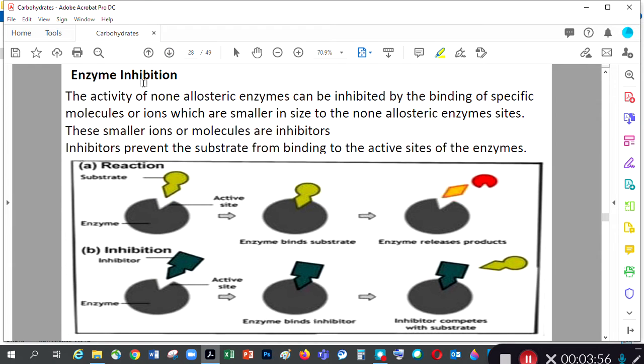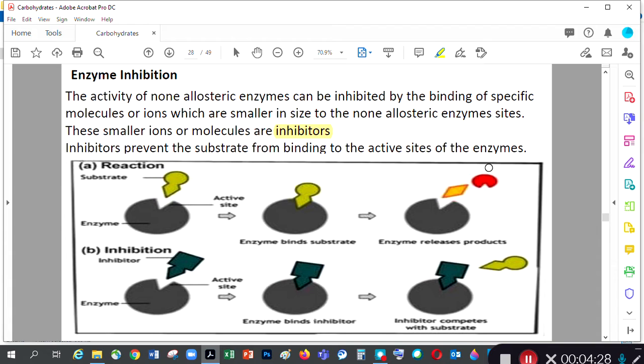Let's look at further examples. Enzyme inhibition. The activity of non-allosteric enzymes can be inhibited by binding of specific molecules or ions, which are smaller in size, to the non-allosteric enzyme sites. These smaller ions or molecules are inhibitors, correct? Inhibitors prevent the substrate from binding to the active site of the enzyme. Let's look at this.